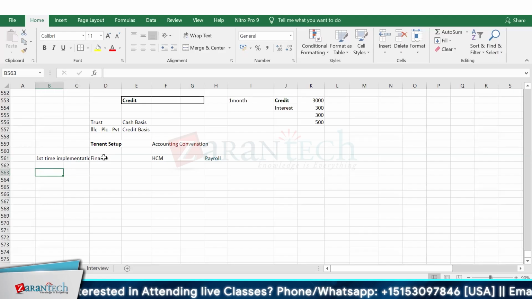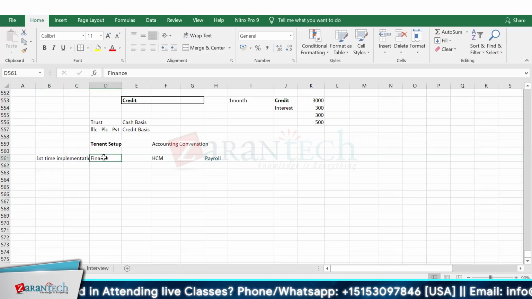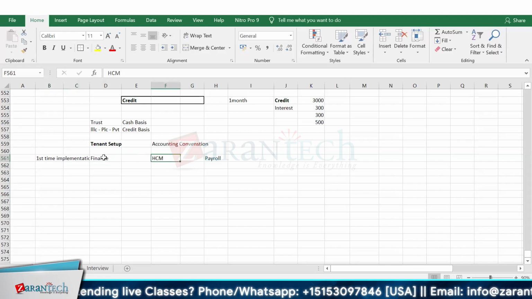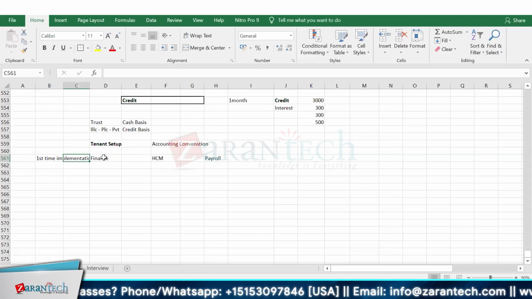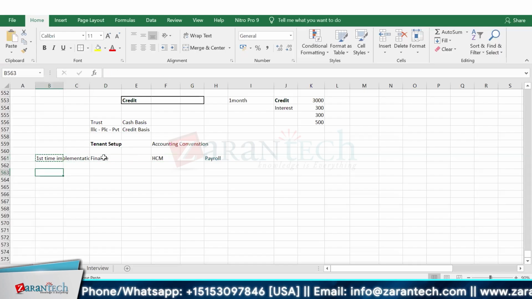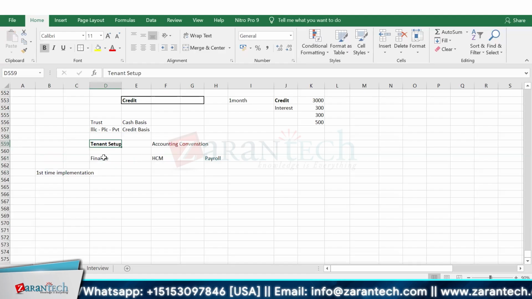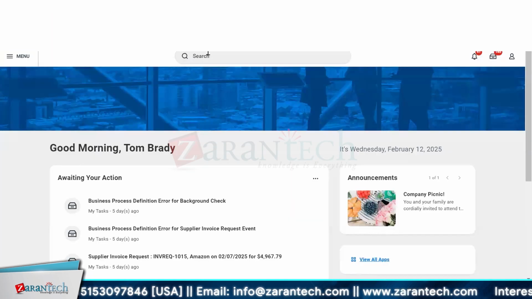For example, I implemented HCM 2 years back, and now today I am going to have finance, so I need to make a tenant setup as well. This is part of setup, but we will cover it later. I don't want to right now.